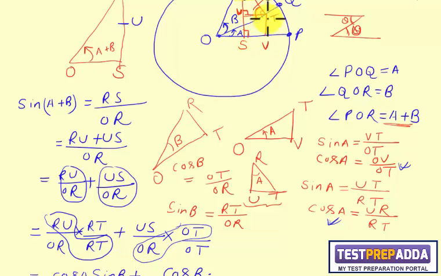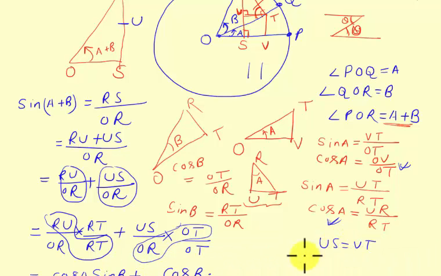US is actually VT. If you check, the two are parallel and same length. So in place of US, if I write VT, US upon OT means VT upon OT.